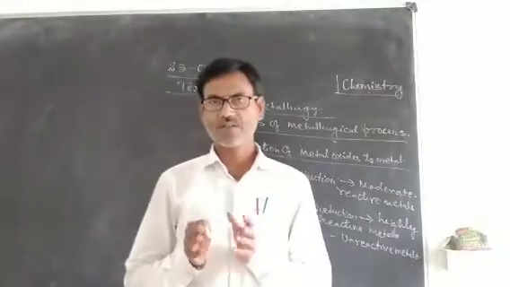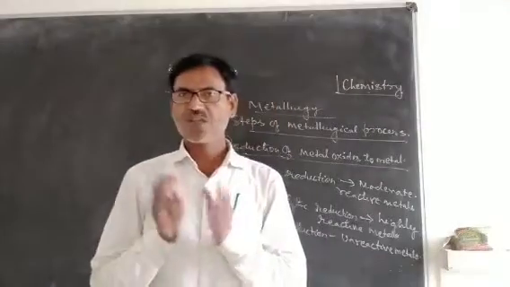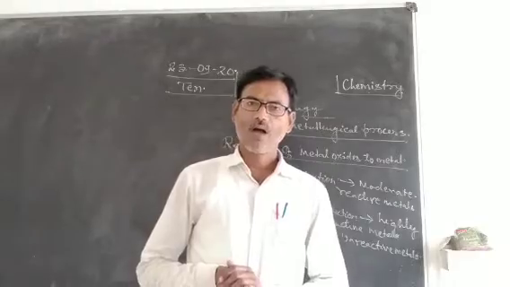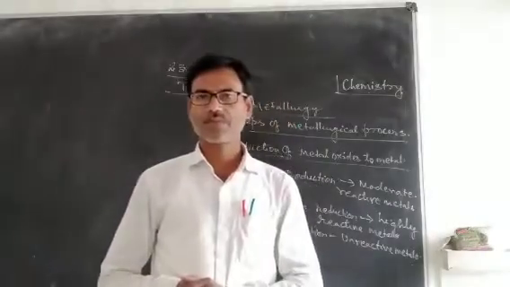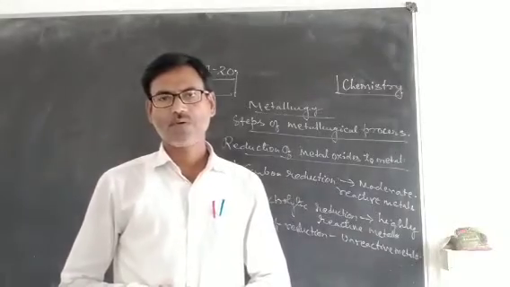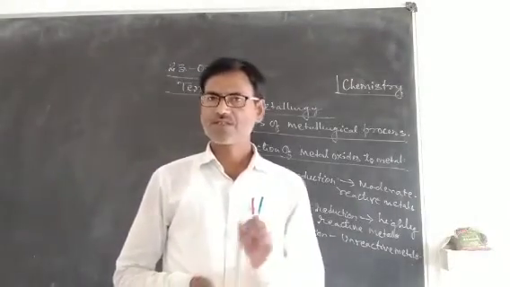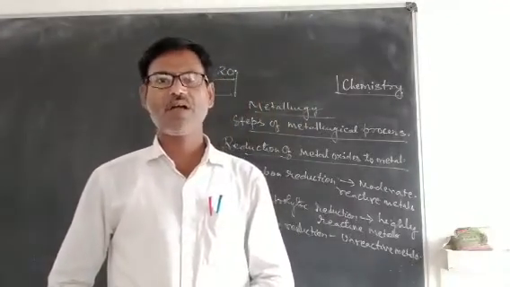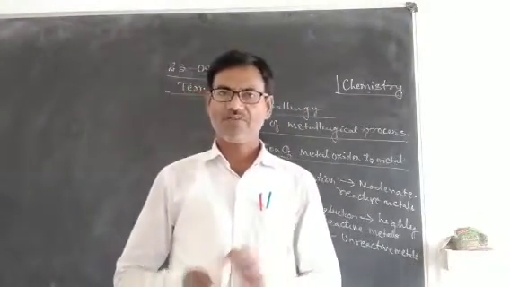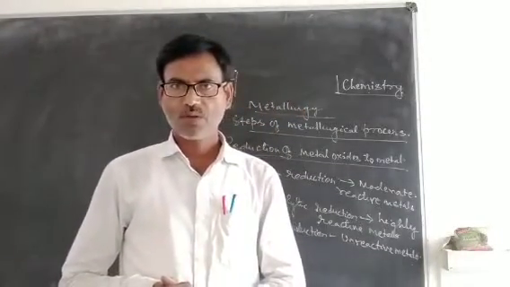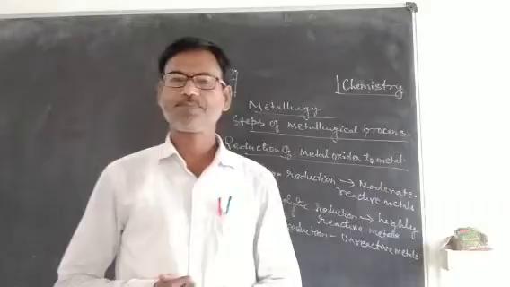Our topic is stages of metallurgical process. I have discussed the first two stages: concentration or enrichment of ore, which is the first step, and converting metal compounds into metal oxides.